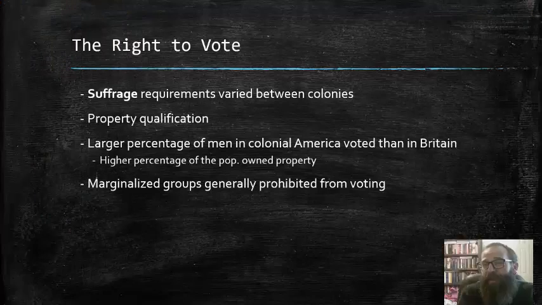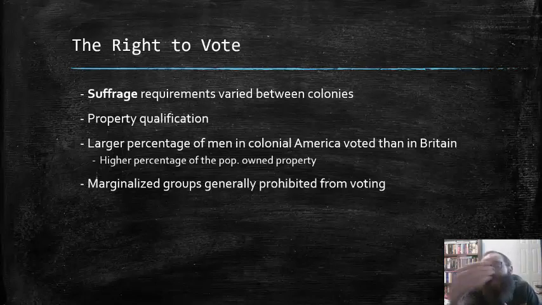The right to vote was a central tenet of republicanism, so as civic participation increased exponentially in 18th century British North America, the right to vote became more and more important to social and political life in the colonies.